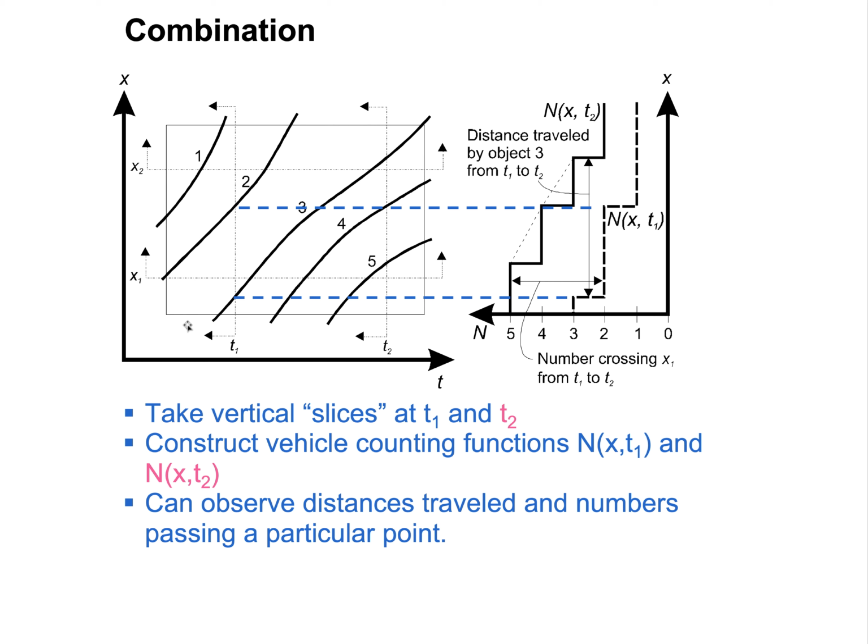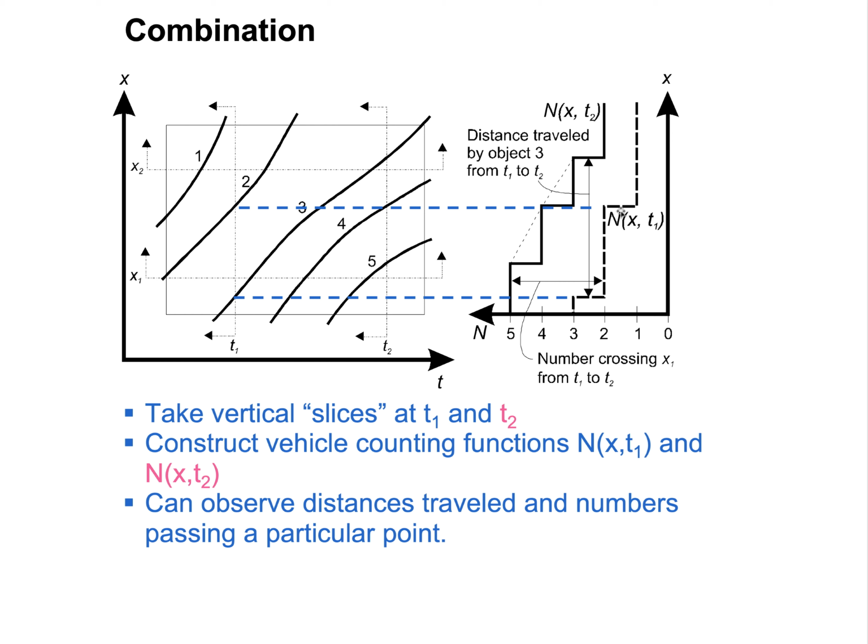And then I'm translating the count of the vehicles over to the right to produce an NT diagram that's actually turned 90 degrees, where we're just recording at T1 the arrival time of vehicle number 3 and the arrival time of vehicle number 2. So the stair steps on the right hand side correspond with the intersection between the trajectories and the vertical line at T1.